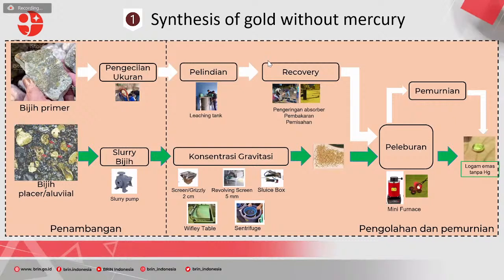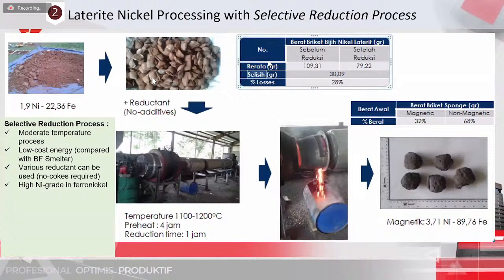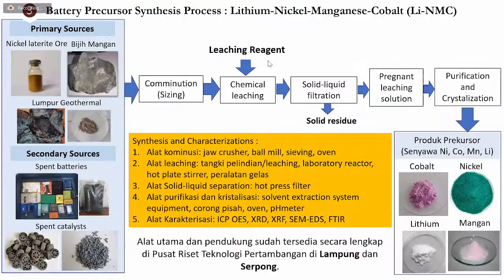Yeah, the first one is synthesis of gold without mercury. This research is done by the researchers in the Research Center for Mining Technology. Yeah, we have several apparatus in here. And then also about the nickel processing and battery, research in battery.